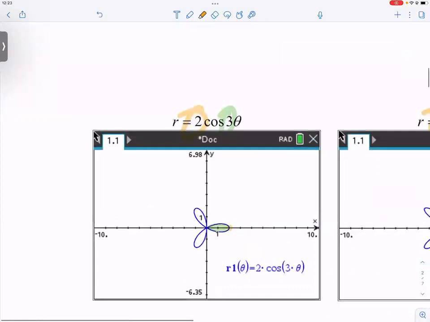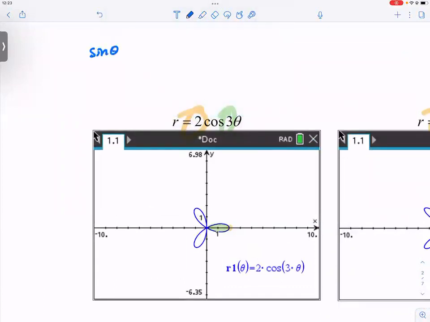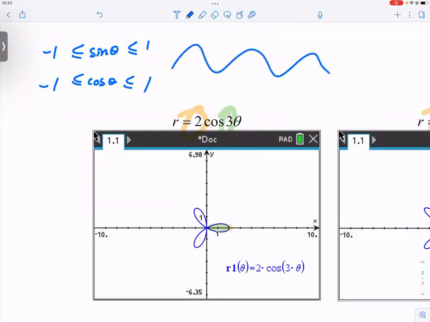And just a review from yesterday, remember what I said yesterday? That sine theta and cosine theta, they will fluctuate between which 2 values? 1 and -1. Remember the graph that you drew back then? The waves, the amplitude, 1.